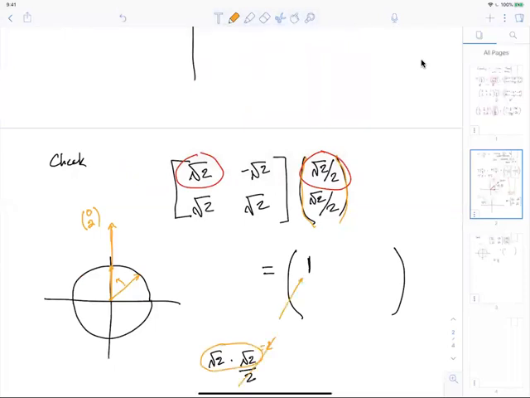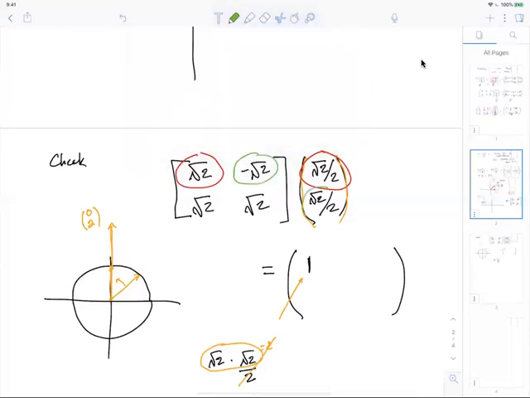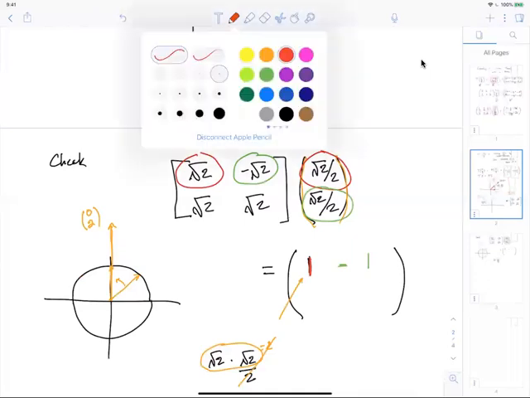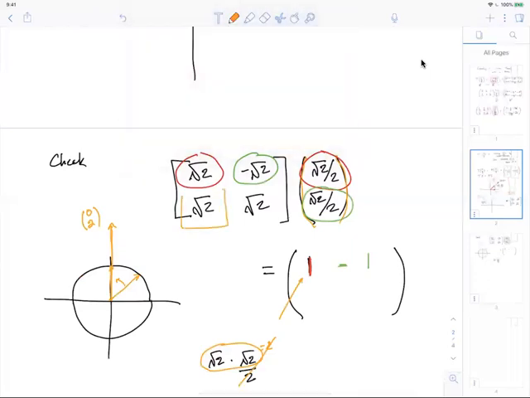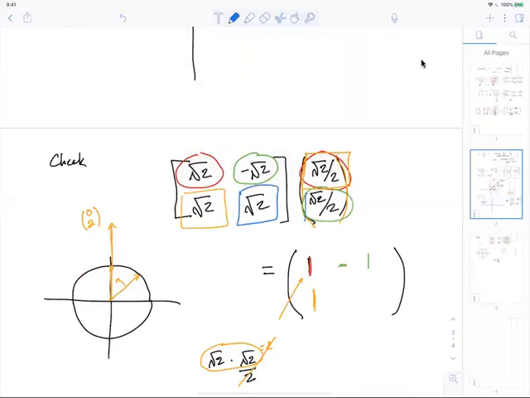And then similarly, when we multiply minus square root of 2 times that one, we're going to get minus 1. And so we add those together. So on top, we get 0. And then on the bottom, we're going to do the same thing again. We're going to multiply square root of 2 times square root of 2 over 2. And that's going to give us a 1. And finally, when we take the same thing, we're going to do the same arithmetic. We're going to get plus 1. And all together, we indeed get 0, 2, just like we predicted.